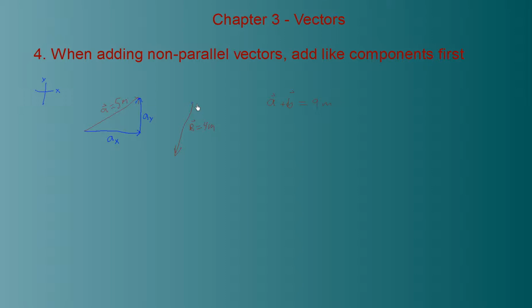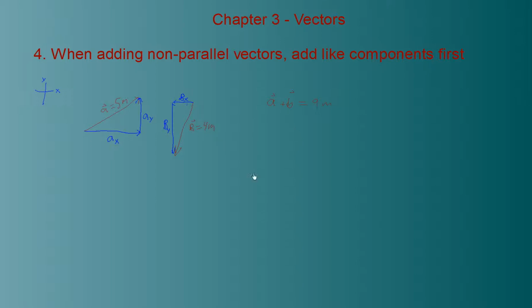And then over here, let's do the X component. It's going that way, call this BX. And down here is BY. Right? Now that we have some parallel vectors here, we can just add mathematically, like 5 plus 4 is 9.